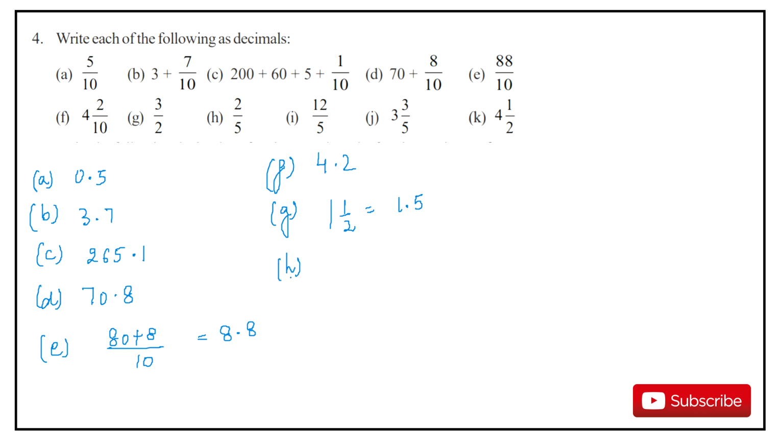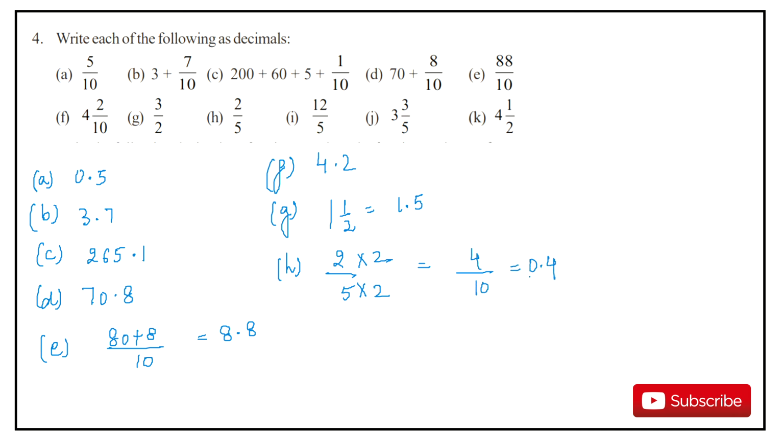H part, 2 upon 5. How can we write 2 upon 5 in the H part? 2 upon 5, let me show you, if I multiply both the numbers with 2 because I want the denominator as 10, it becomes 0.4.